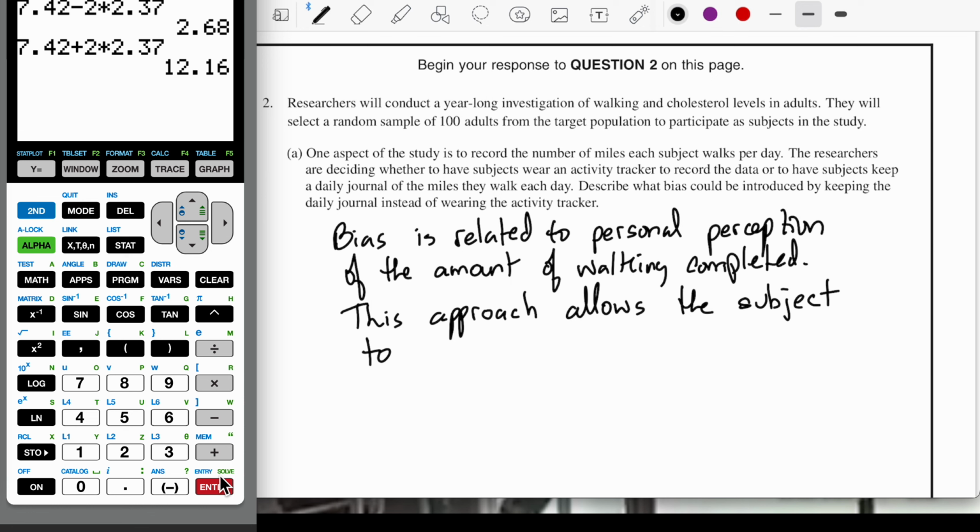You get the idea, but it allows them to be less than truthful when reporting the results.